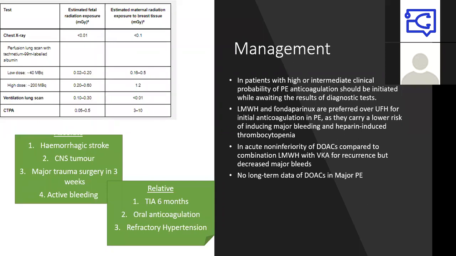So in terms of management, the key thing here is that we know you give thrombolysis, and we know how to do that. For thrombolysis, more often than not, you're using things like streptokinase, and this is a consultant-led decision. You'll never have to make that.